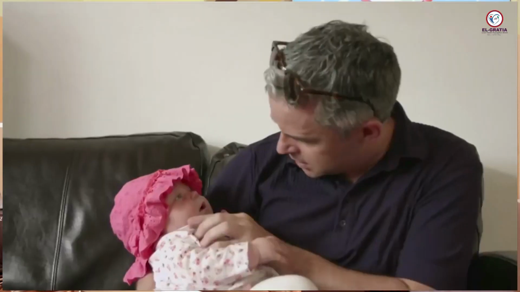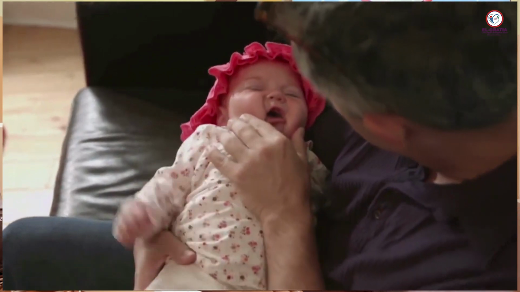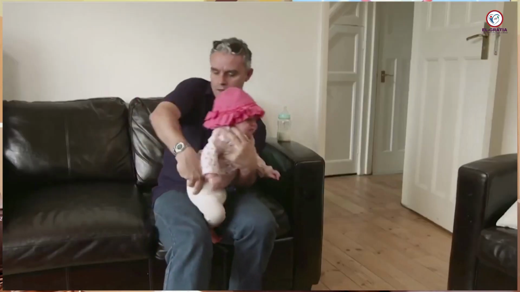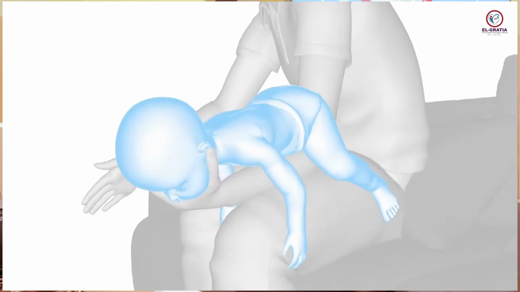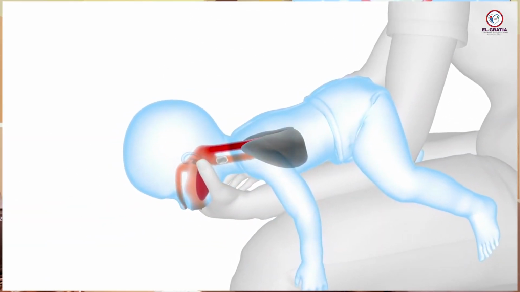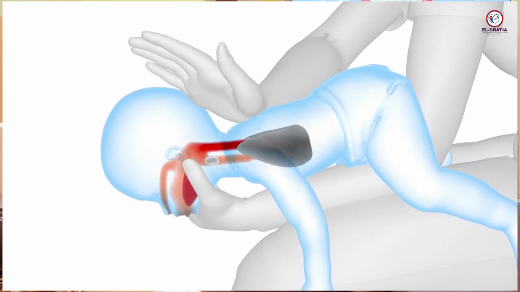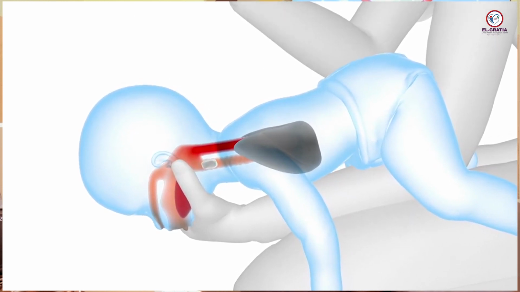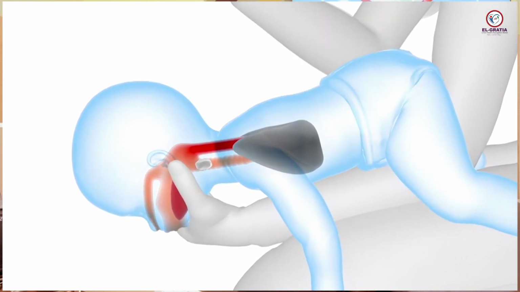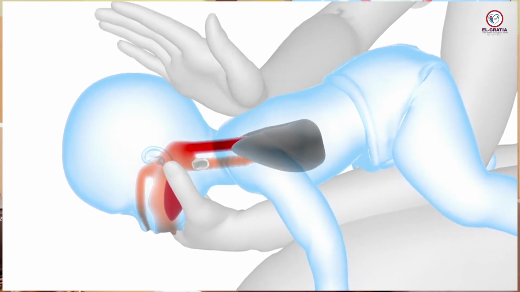If the child is a toddler, between the ages of 1 to 3, what to do is to place the child. You'll be seeing a video of it immediately after this. You place the child across your arm, you steady your hand, and then you put your fingers to open the child's mouth, and then with the heel of your palm, you deliver 5 sharp blows or thrusts to the back of the child.